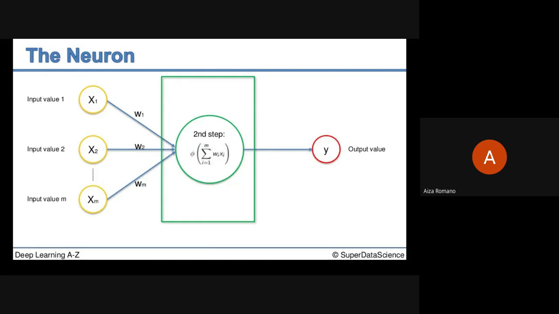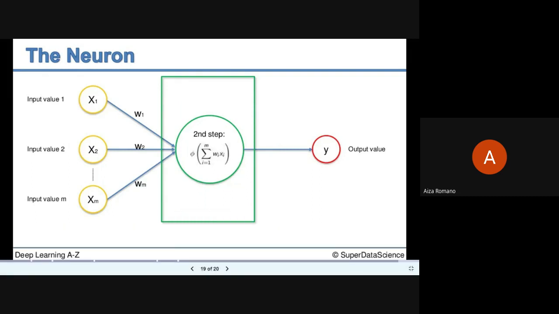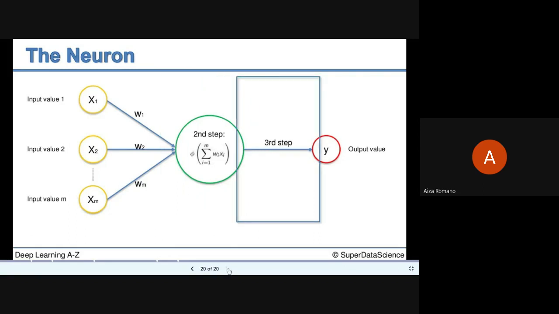Depending on the function, the neuron will either pass on the signal or it won't pass the signal on. And that's exactly what happens in step 3.